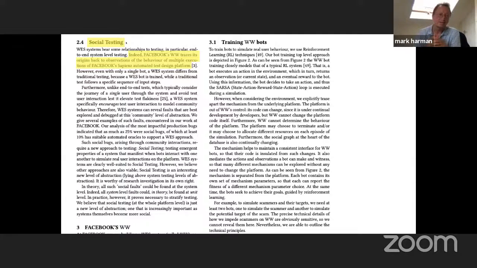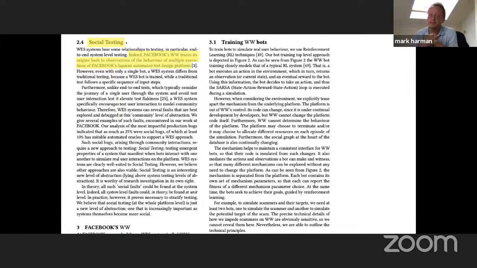And as many people who research testing know, you want to prevent your tests from being flaky. And one way in which tests could be flaky with Sapienz is if the test users started communicating with each other. So if I'm trying to test a new product feature for message sending, and the Sapienz test user that I'm using to test the client side starts sending messages to some other user who might respond, some other Sapienz test user, and that test user starts responding, that's going to make the test very flaky. So we put in some effort to try and prevent that from happening.